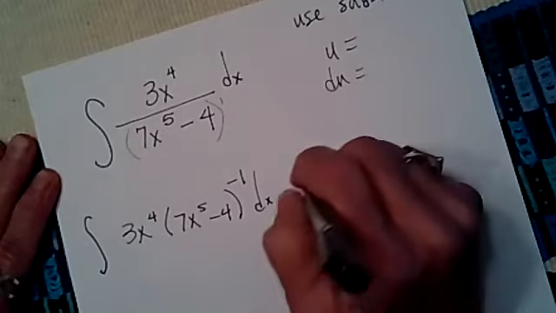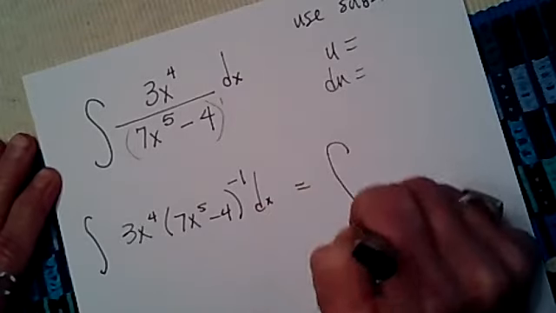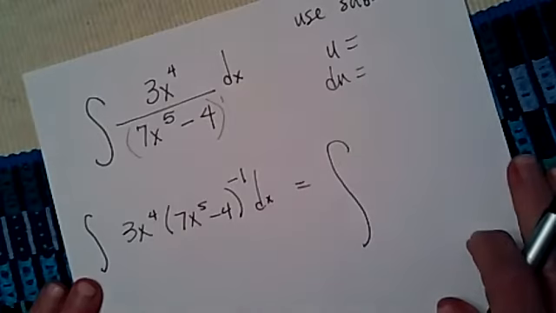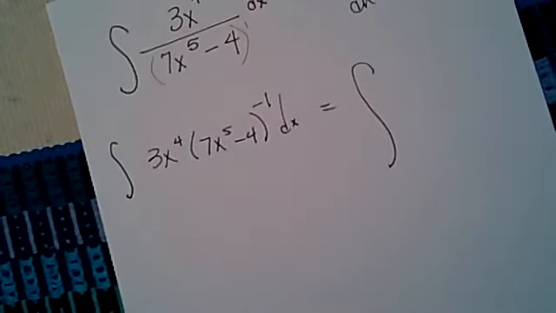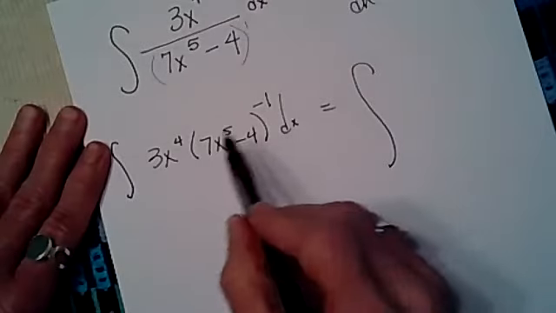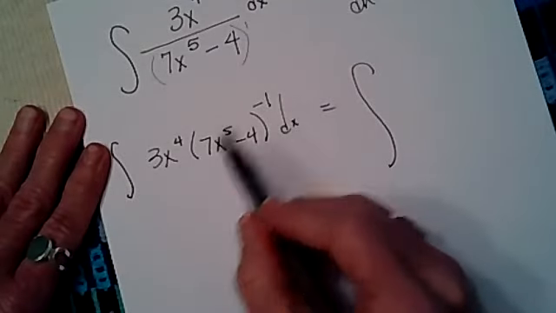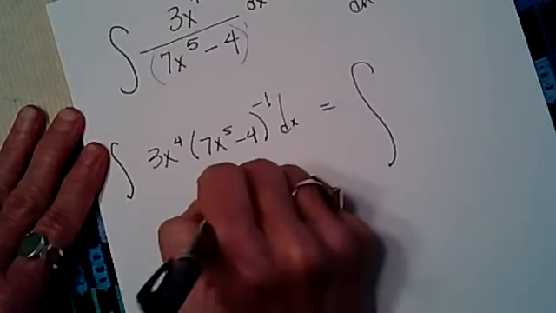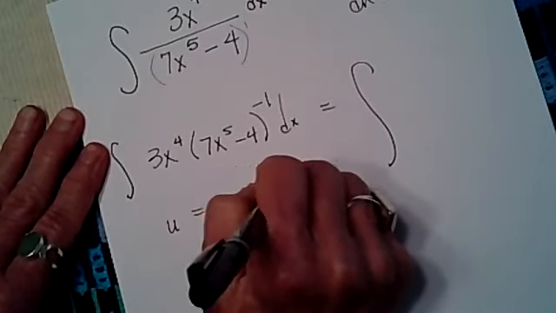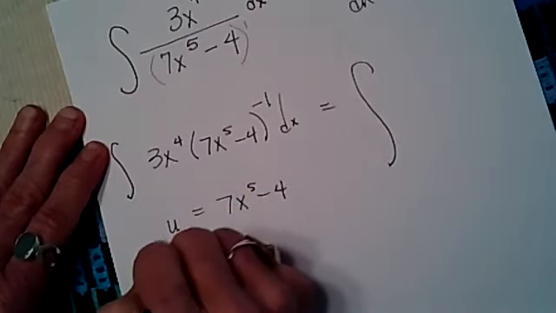Okay, so now I have my integral with x's, and I'm going to turn it into an integral in terms of u. Pick u. Is there an inside? Yes. As long as there's an inside to a power, a quantity to a power, u is always the inside. And then I find the derivative of u.